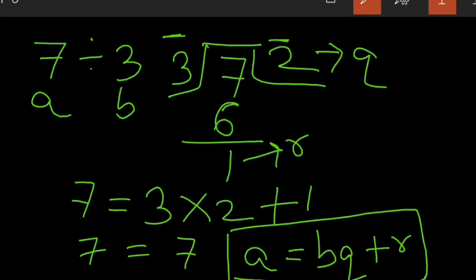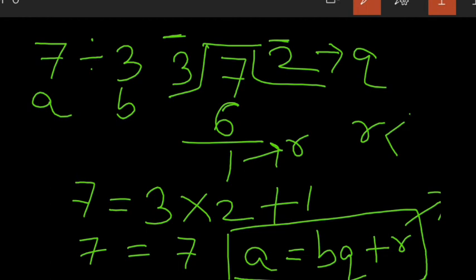Here the condition for r is that r should be less than b. Since 1 is less than 3, you cannot divide it further. And r cannot be negative also.